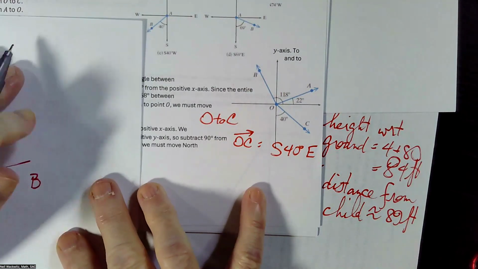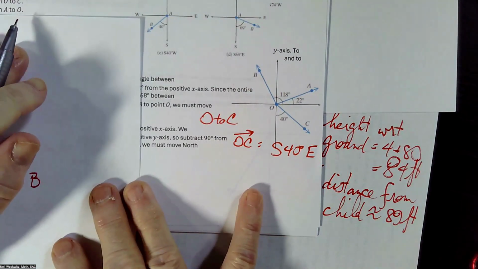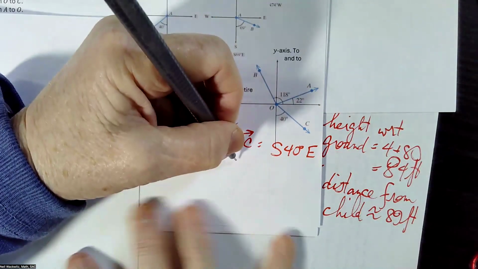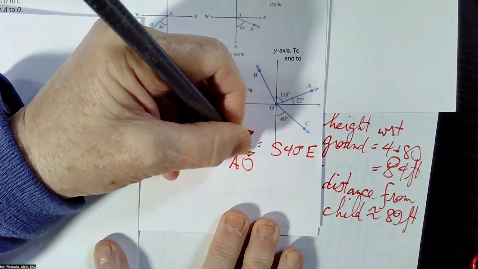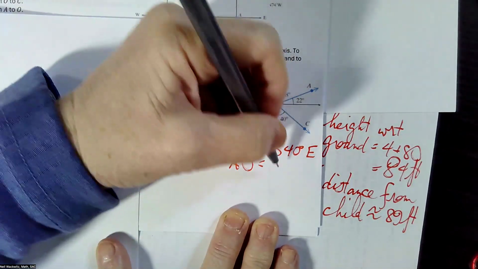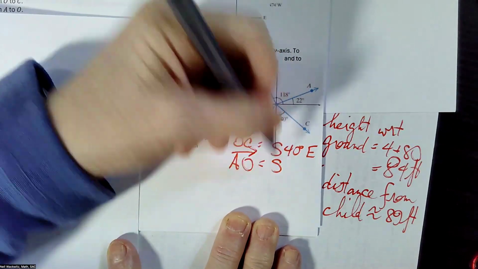Now to find A to the origin. We're starting at A and going to O. So A to O, we're going down to get from A to O, so that's south.